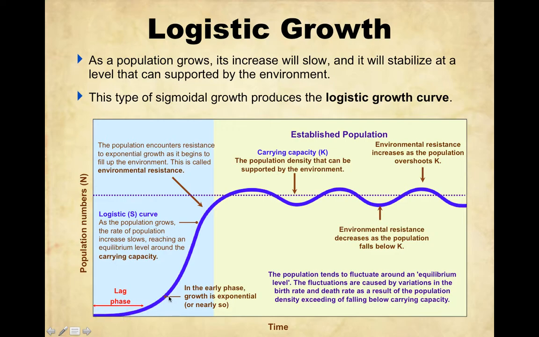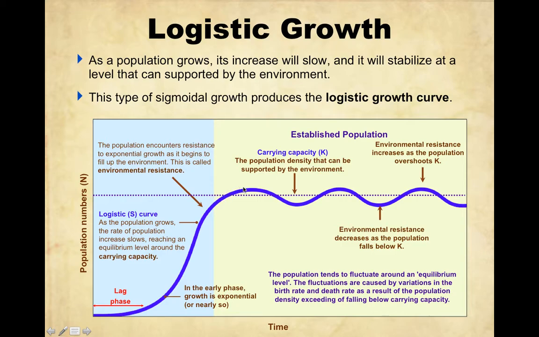So again, you have that same lag phase where it's growing slowly. It's going to hit a critical point where now the doubling amount is significantly more, and there's intense exponential growth going on. Once it hits the carrying capacity, which is all the environmental resistance, okay, this is the abiotic and biotic environmental resistance factors, the density independent and the density dependent factors that make it so populations just don't have enough resources to grow out of control.